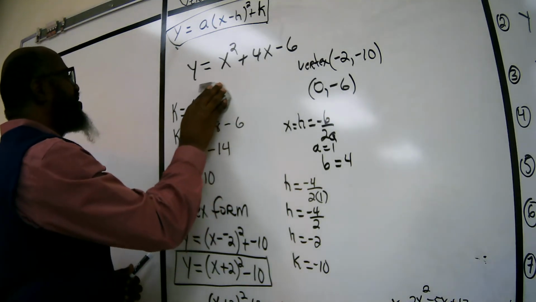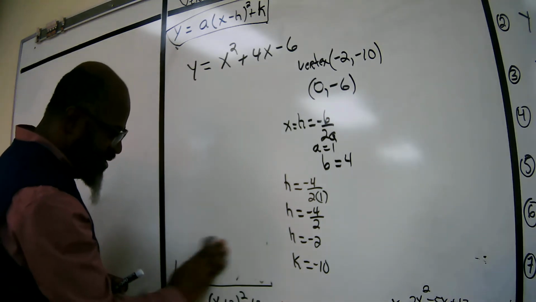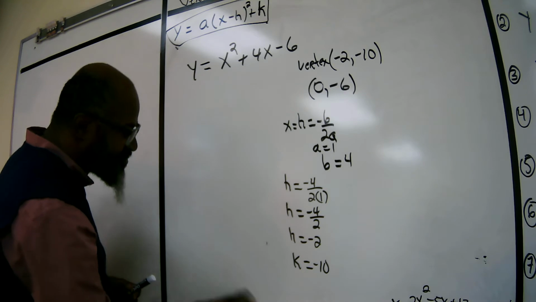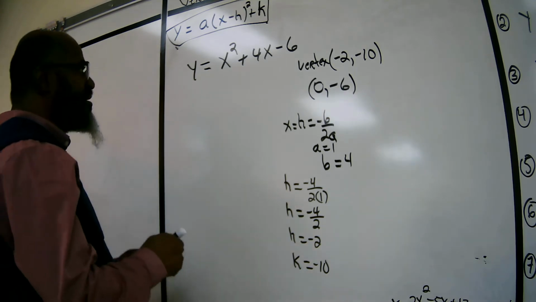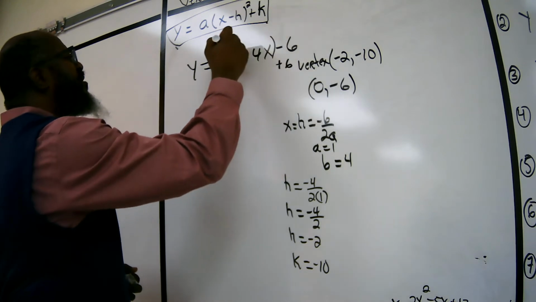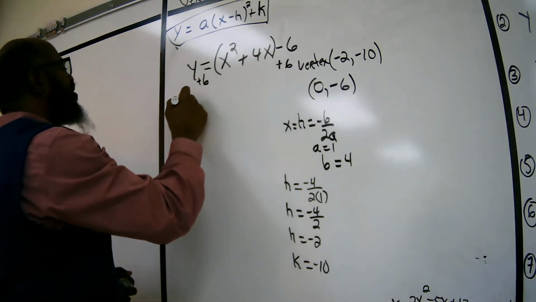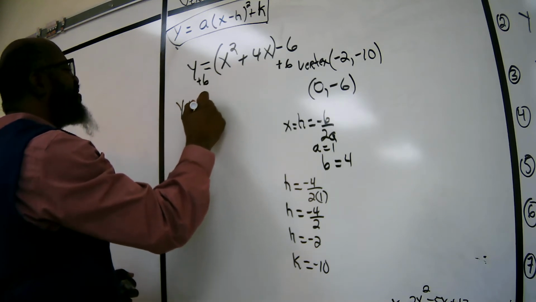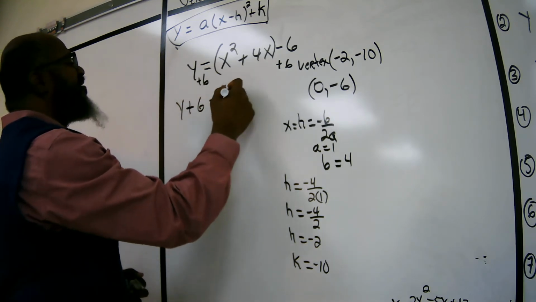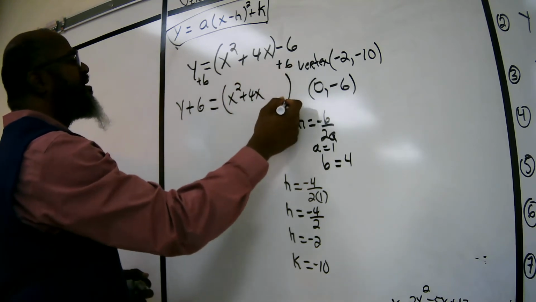So let's see if we can do the big boys, the big league version. In this case, we add 6 to each side because we want the variables to have family grouping. So remember y is the same thing as 0. So you will have x squared plus 4x, then you will have to complete the square for that.